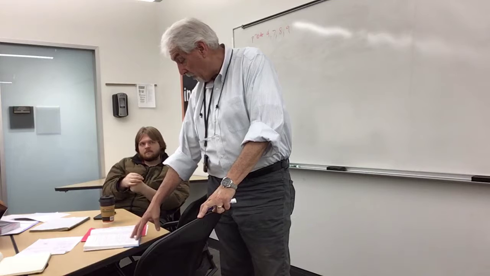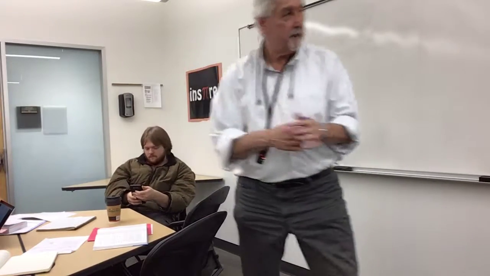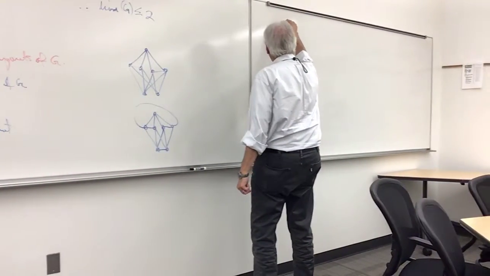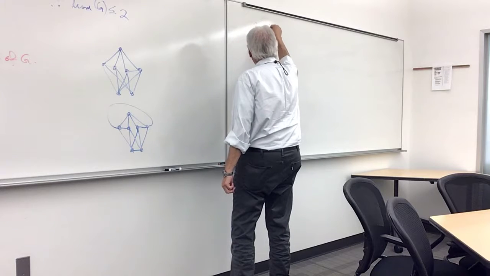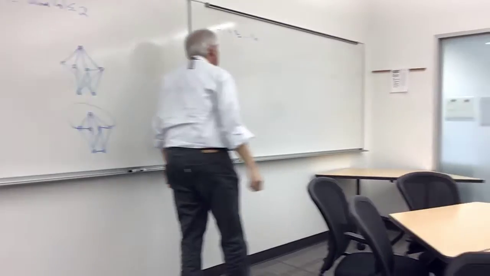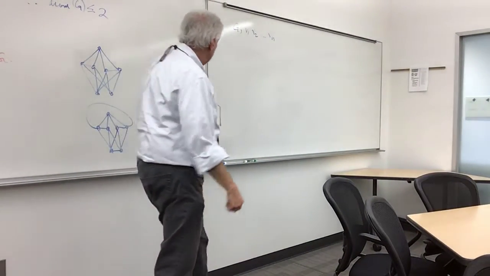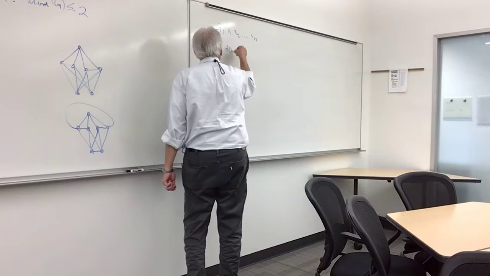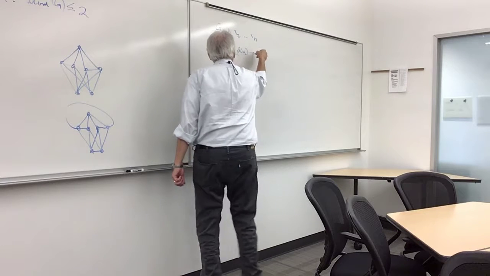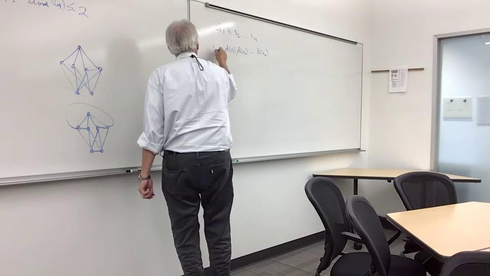Okay, how many non-isomorphic graphs are there with degree sequence 5, 5, 4? Okay, so let me back up. A degree sequence. If I have a graph G with vertices V1, V2, through Vn, then the degree of V1, the degree of V2, through the degree of Vn is called the degree sequence.